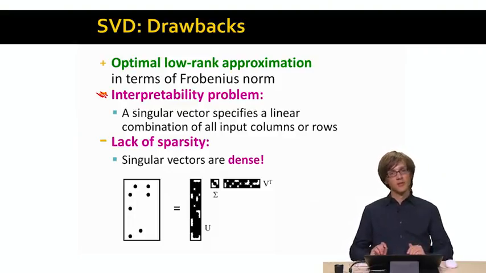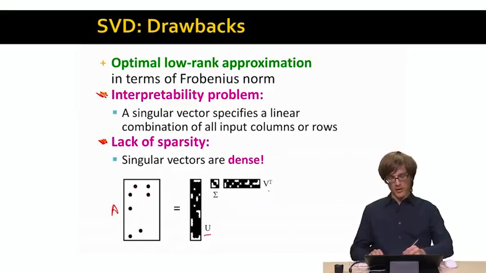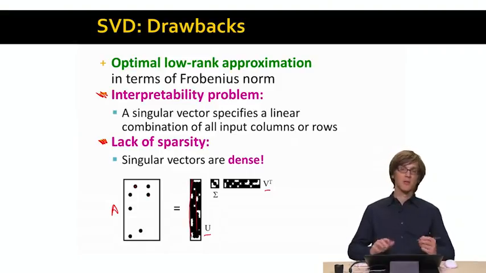The second big drawback of singular value decomposition is what is called lack of sparsity. What this means is that the input matrix A is often very sparse, which means it is full of zeros and only has a few non-zero elements in it. But when we do singular value decomposition, the matrices U and V transpose will be dense. What I mean by that is basically all the values in these matrices will be non-zero.